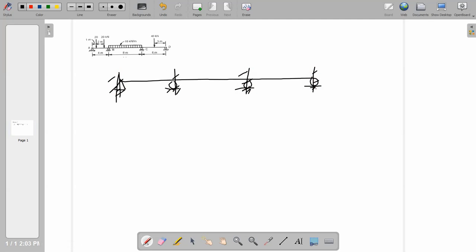This is what we assume. Then we will get fixed end moments. So we have these two loads acting here, we have a distributed load acting here, and we have a central load acting here. If all of these supports are really fixed supports, then we will have some fixed end moments at each of these beams.